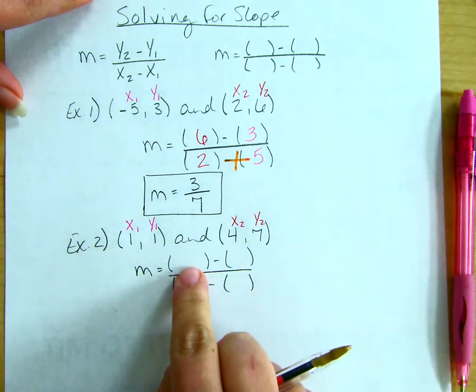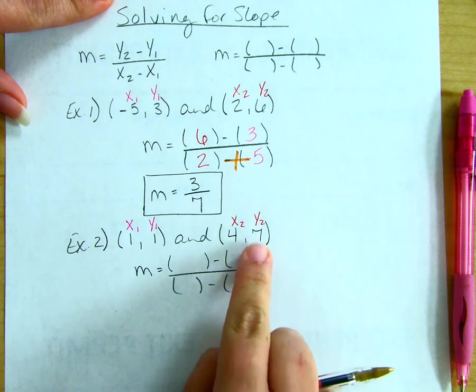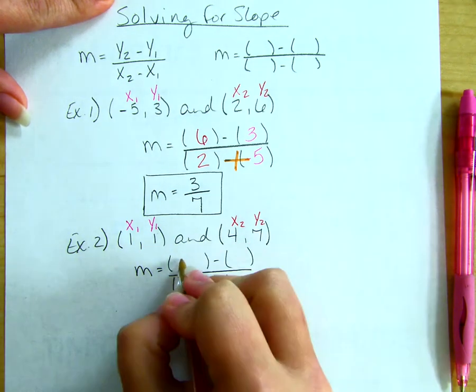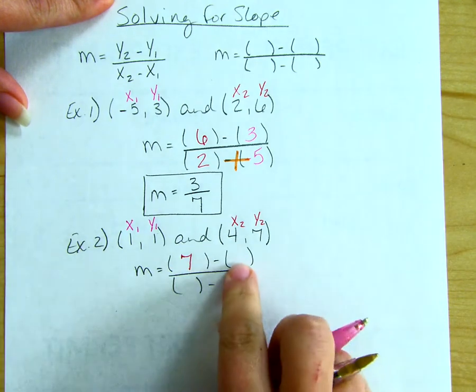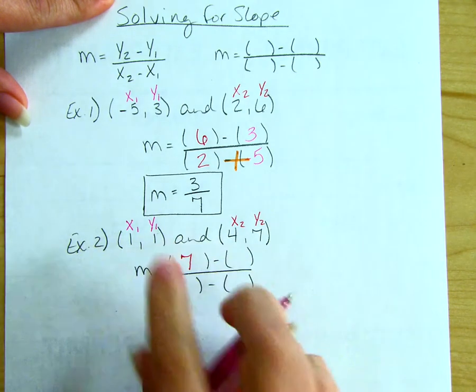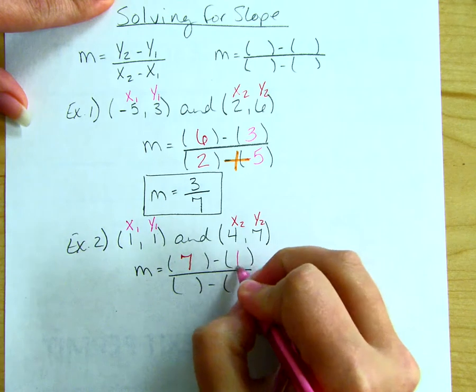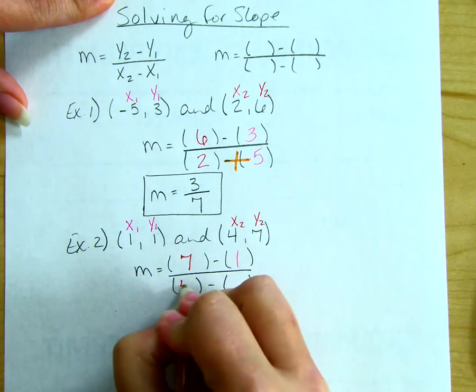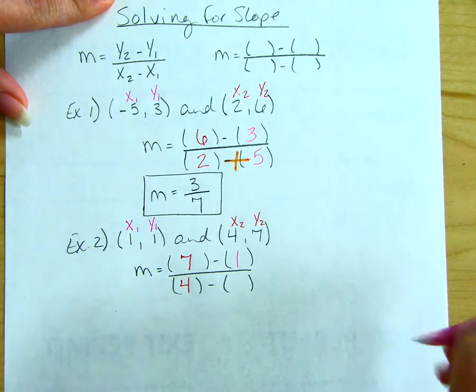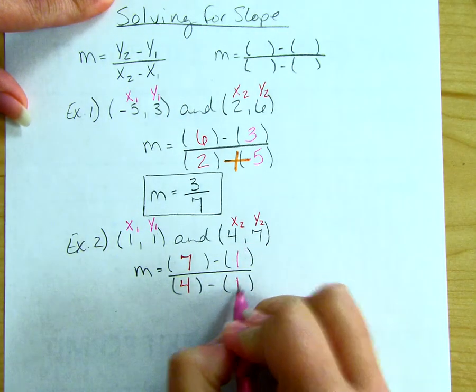So to go in the very first top set of parentheses, I have my y sub 2, which is 7. And the second one on the top is my y sub 1, which is 1. Then on the bottom, I have my x sub 2, which is 4. And then my x sub 1, which is also 1.